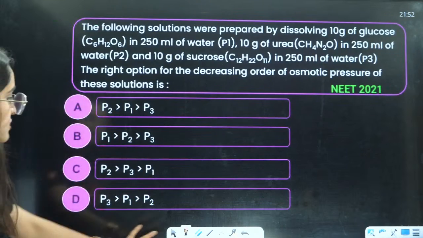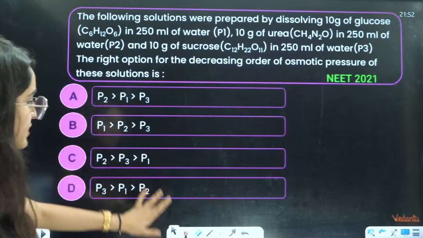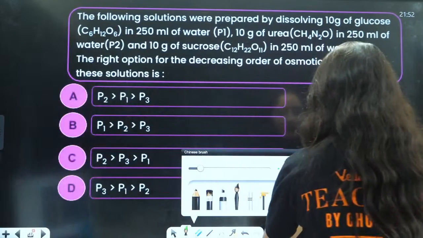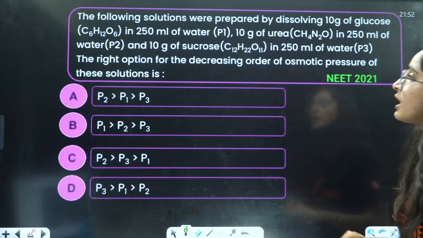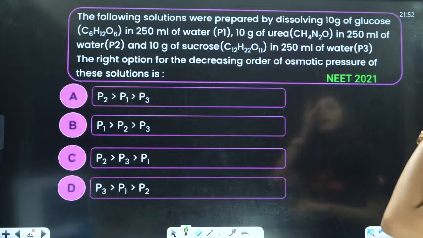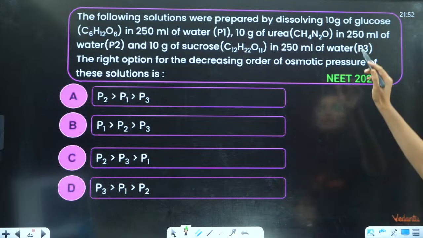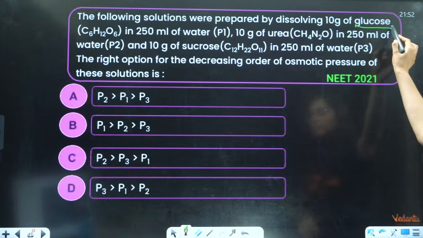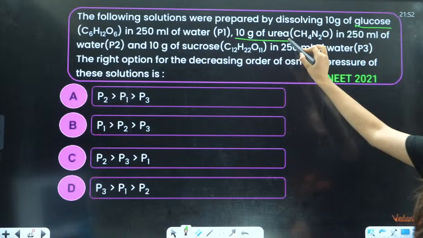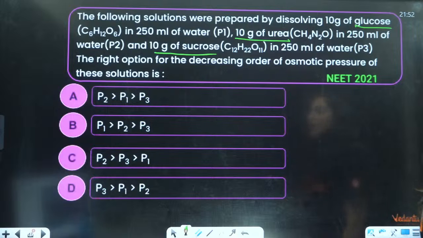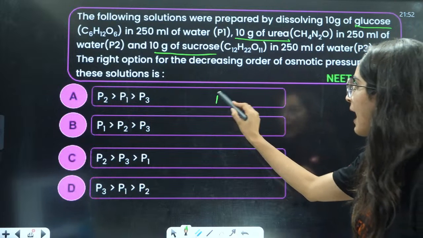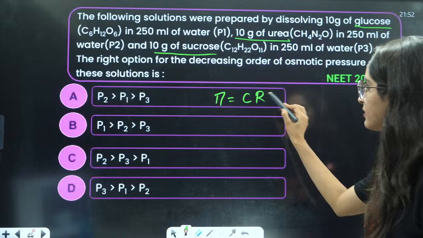Next question, again a very important question, that says the following solutions were prepared by dissolving 10 gram of glucose, 10 gram of urea, 10 gram of sucrose. They are asking you the osmotic pressure. Now pi is equal to CRT.